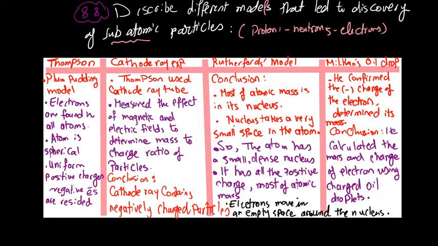Thomson put forward a model for the atom called the plum-pudding model. This model described the atom as a watermelon or plum pudding.